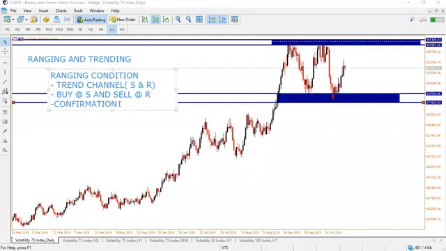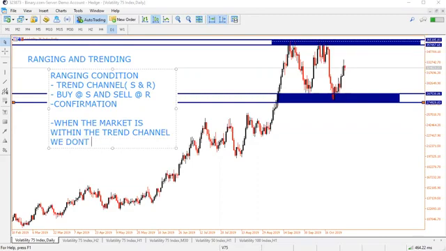When the market is within the trend channel, we don't place trades. Why, guys, we don't place trades? Because it is risky, guys.